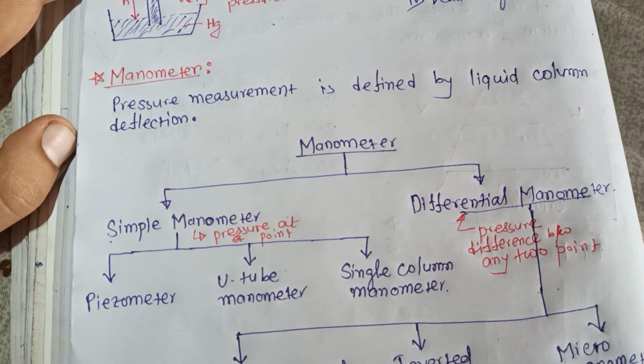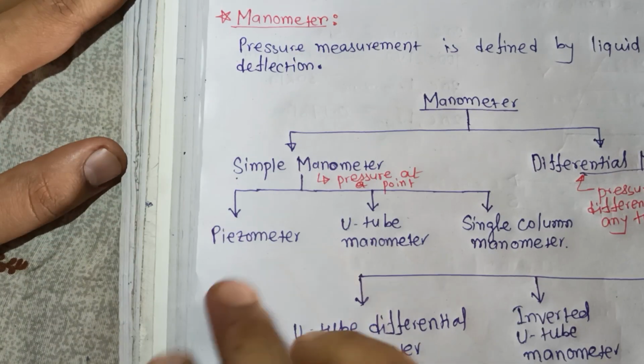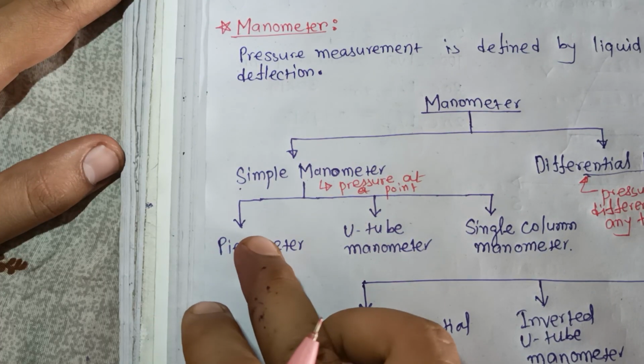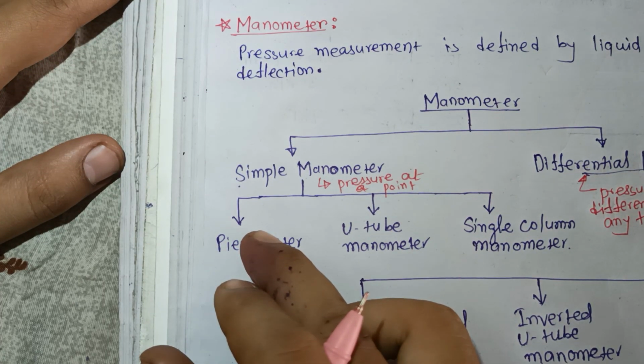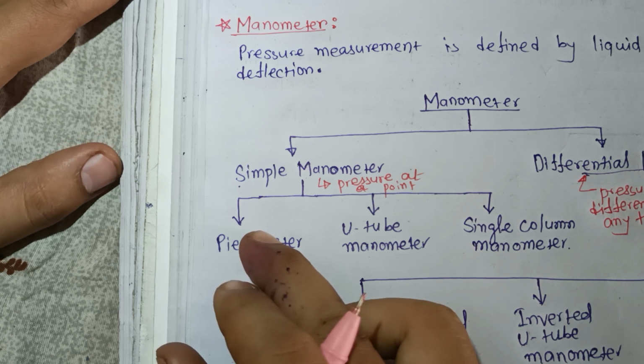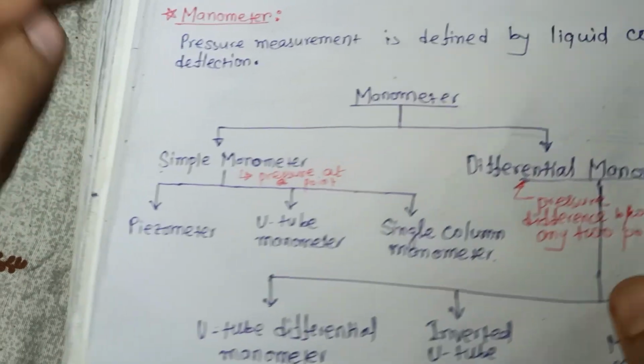Now let's focus on the piezometer. The piezometer is the simplest form of manometer, whose one end is open to the atmosphere and the other end is connected where the pressure is to be measured. So it measures the gauge head.